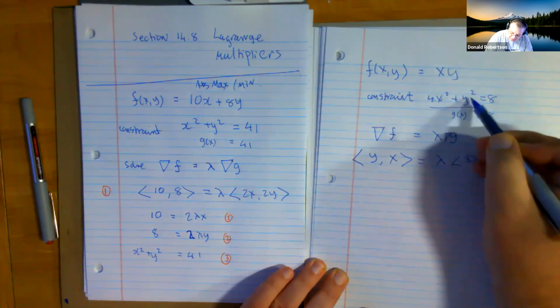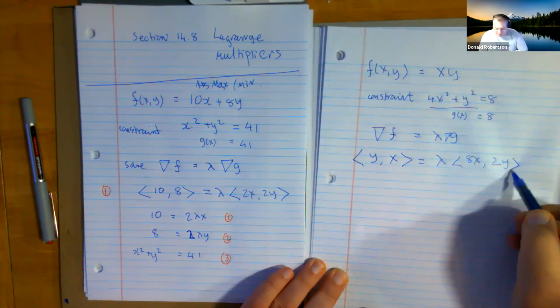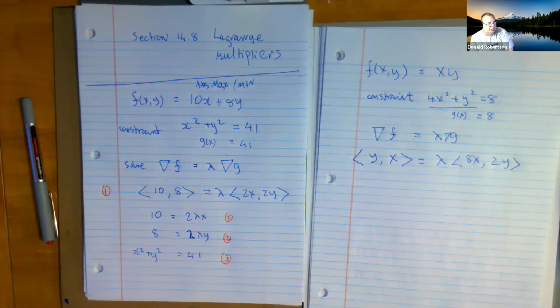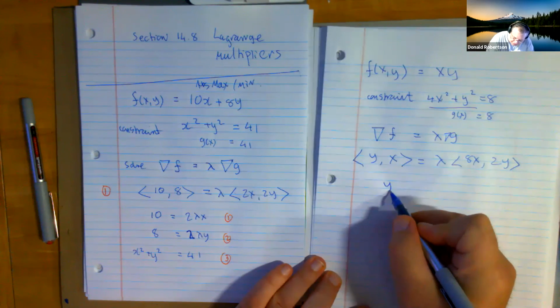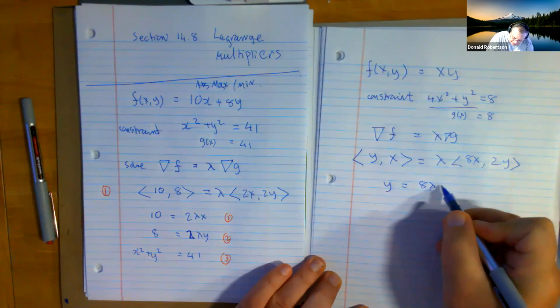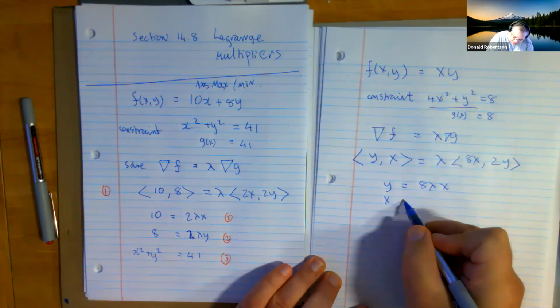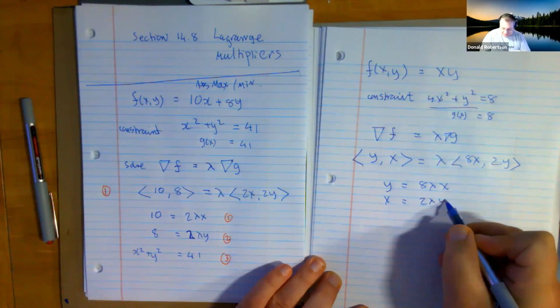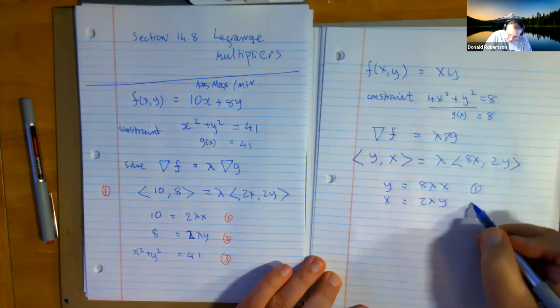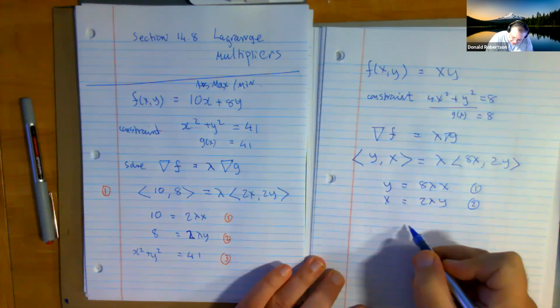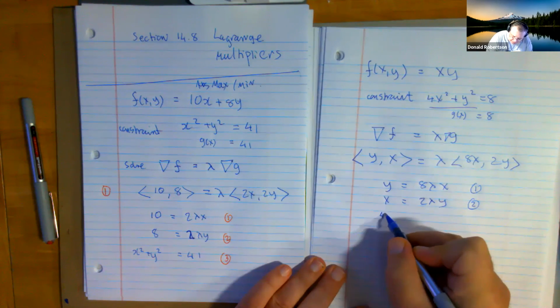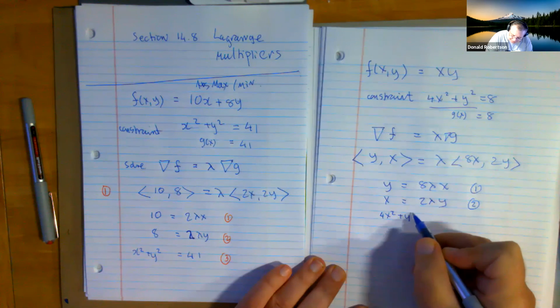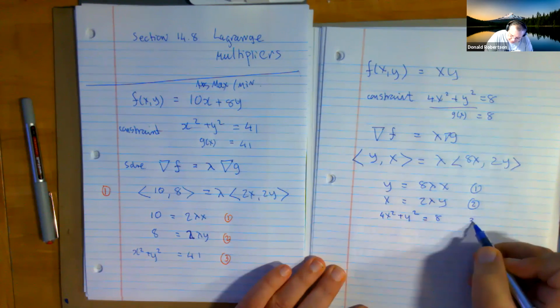You do this guy, you get 2y. A little bit quick, but you with me? We're good. Now you do the matching. That makes y equal 8 lambda x. That makes x equal 2 lambda y. Call that equation 1, call that equation 2, and my constraint function, that's going to be my third equation.